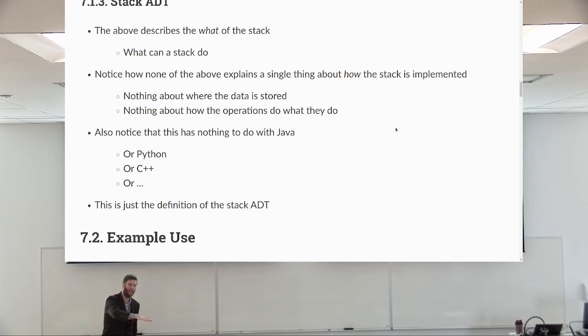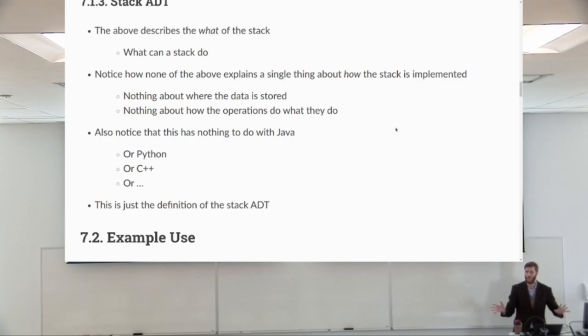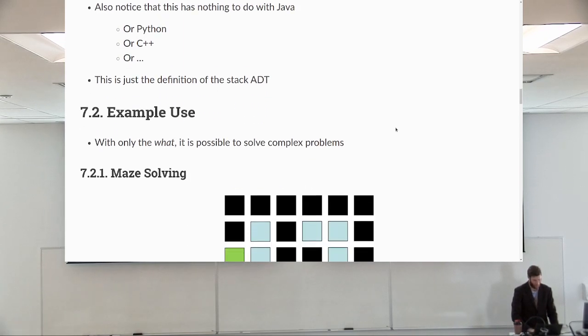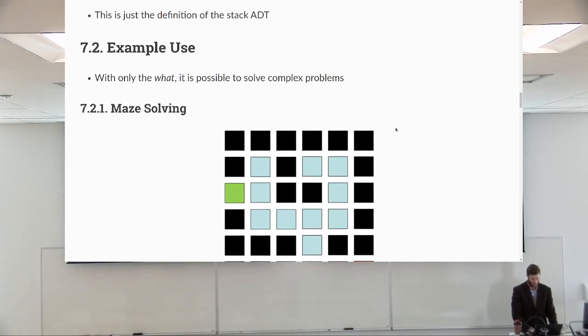We can push things, we can pop things, we can peek, get the size, and check if it's empty. We never talked about the how. We will. We never talked about the how because it doesn't matter yet. Nor does the programming language either. It will matter when we actually go to implement it, which is the next topic. But that's it. It's just the what we can do with it. And we'll stop here and we'll pick up with the example use tomorrow.